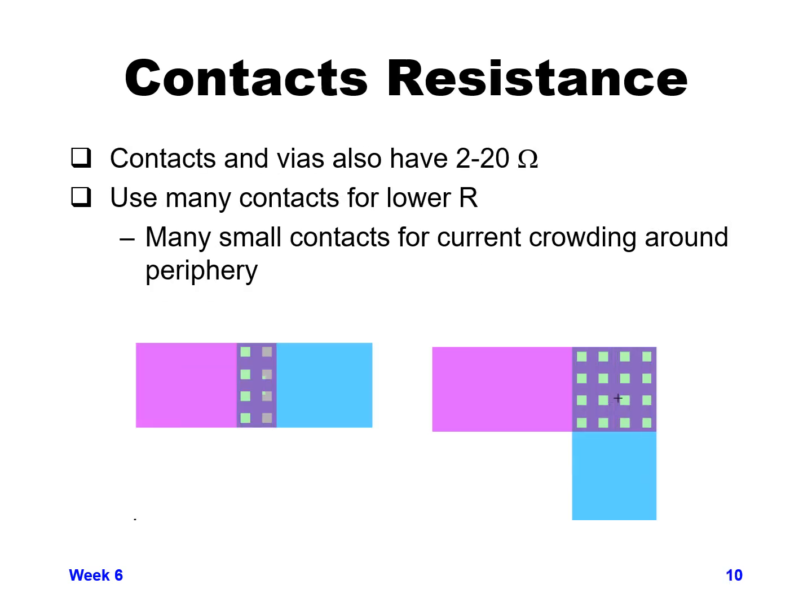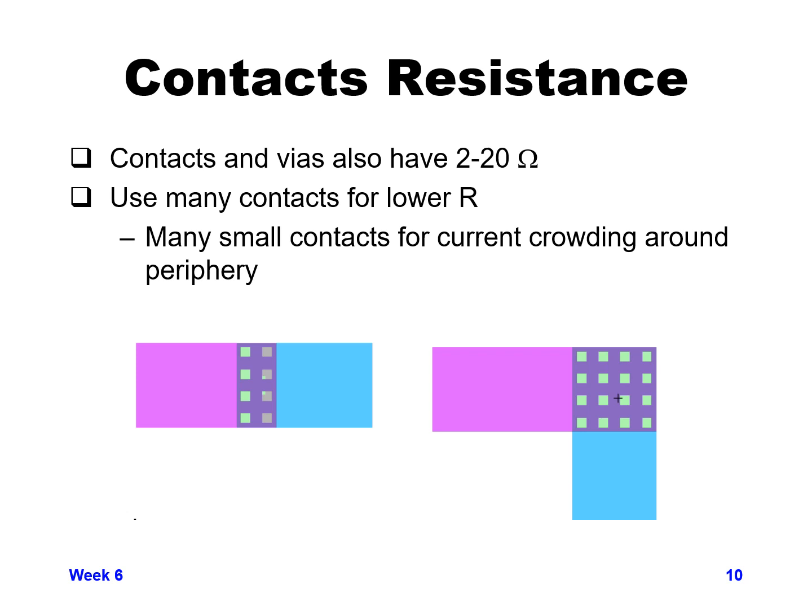The other thing to keep in mind with the resistance of our wires is not just the length of the wire itself. We have to make contact between our metal 1 wire or metal 0 down to our actual active transistor region, and each contact has a set amount of resistance.